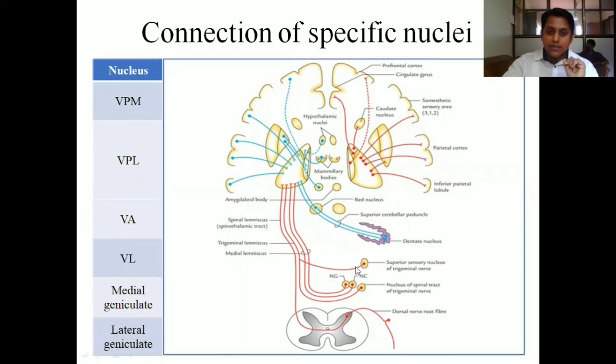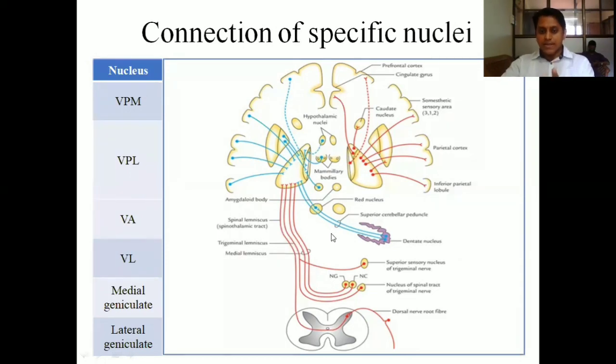It relays in the trigeminal ganglion. There is a nucleus, the spinal tract nucleus of the trigeminal nerve, in the brainstem. Those nerves relay at this place, cross to the opposite side and ascend in the form of a lemniscus called the trigeminal lemniscus.